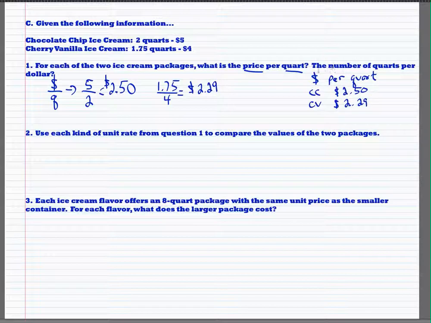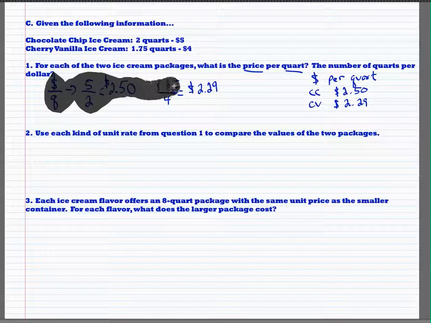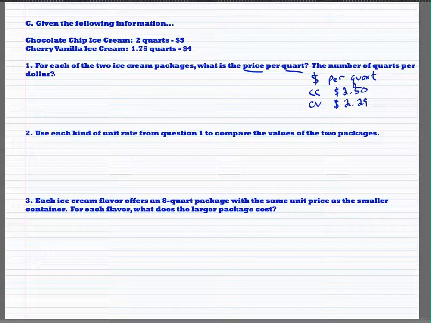So now it wants us to answer the question based on the number of quarts per dollar. So what I'm going to do is just erase this. So I want to figure out quarts per dollar. So I'm just going to flip everything.